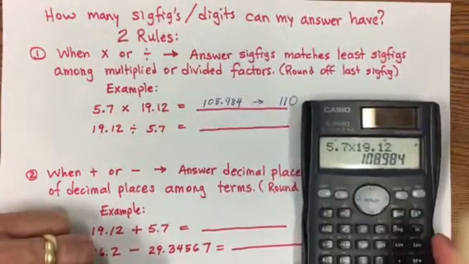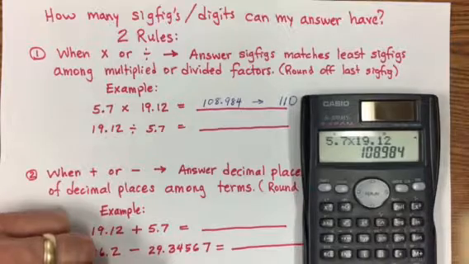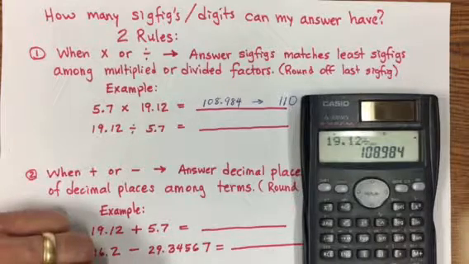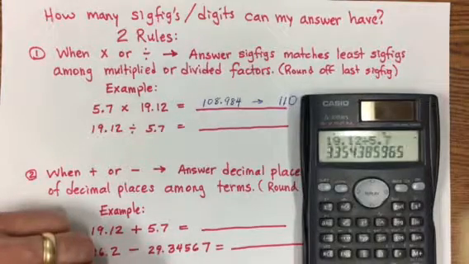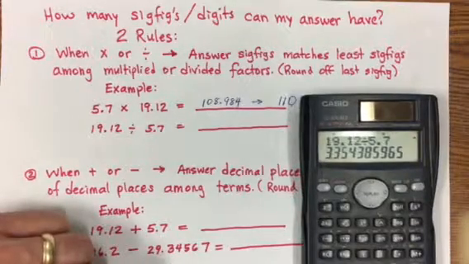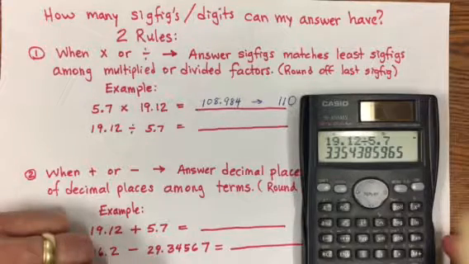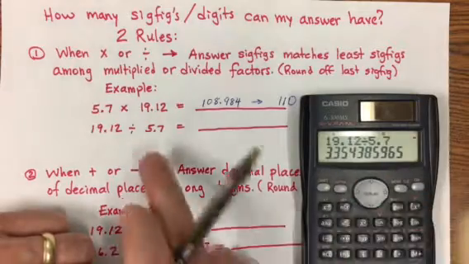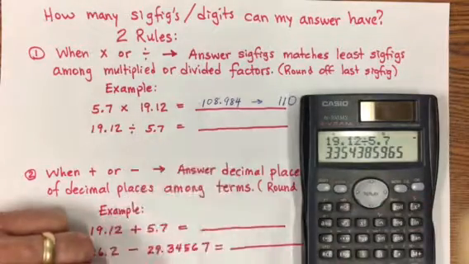The same applies if I am dividing. If you divide those two numbers, you get a really long decimal. 19.12 divided by 5.7 is 3.354385965, and I'm sure there's more, but this calculator won't show it to me. So among these numbers, I can still only keep 2 significant figures.